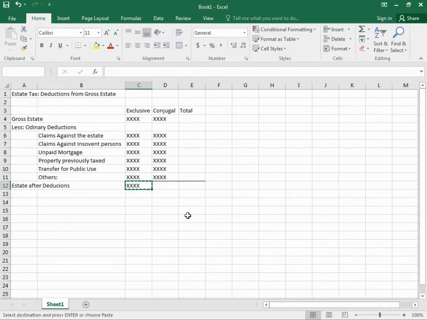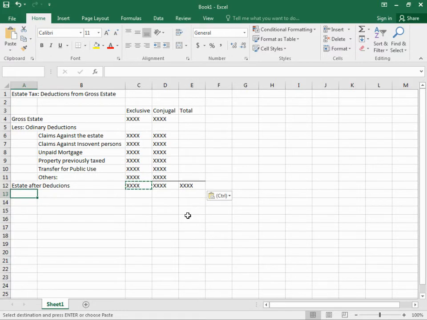So that is gross estate less the ordinary deductions. Okay, so ito na po yung ating net taxable estate. Hindi pa. Okay?